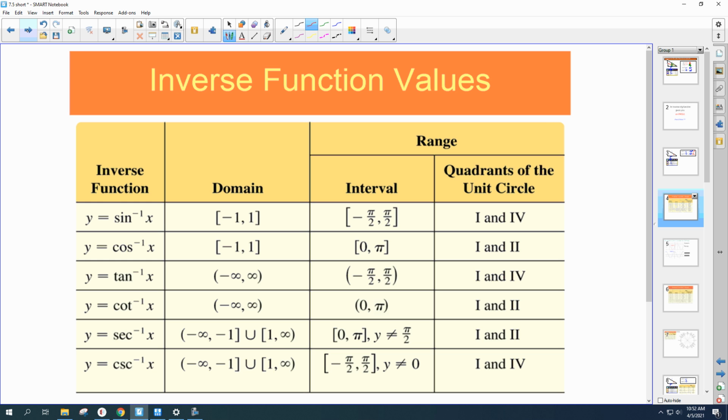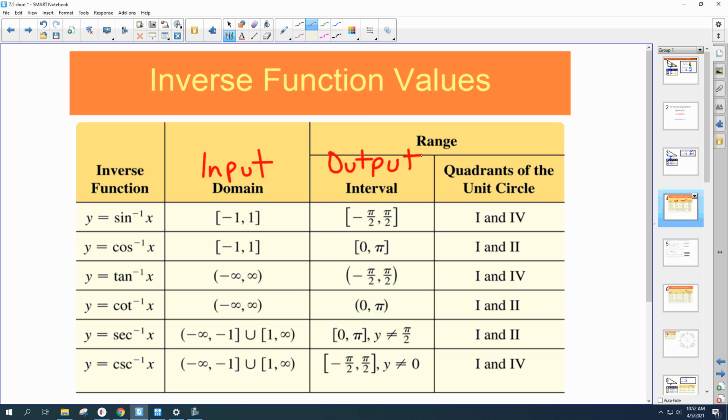But that's where this chart comes in. So find in your notes packet, find this chart, and you're going to want to go back and look at it over and over again. I don't expect you to have this chart memorized, but you want to kind of have it in front of you. And you're looking at different things like domain and range. Keep in mind, think of domain as like inputs, and range is like output.